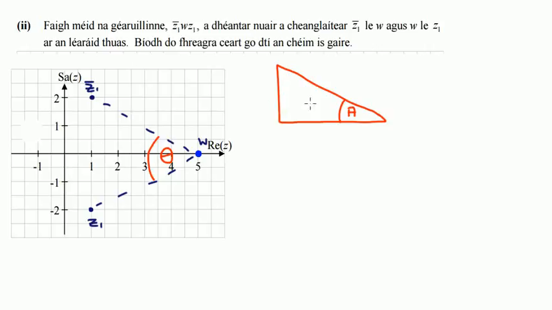So looking at the graph, we have a distance 2 between the conjugate of z1 and the x-axis. And we have a distance of 4 between 1 and 5. So that gives us the bottom of the triangle. And now we can use tan of the angle in order to find it. So tan of A is 2 over 4, or 1 over 2. So therefore A is equal to the tan inverse of 1 over 2.